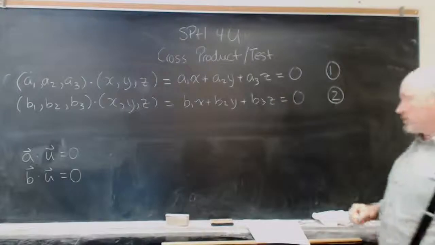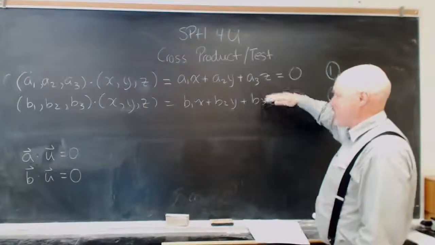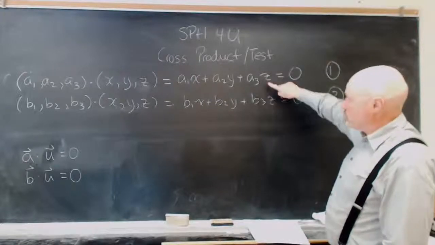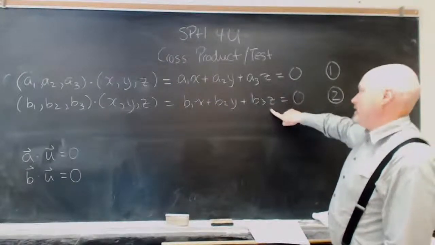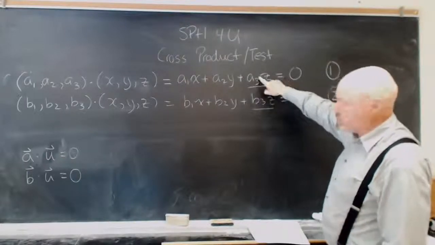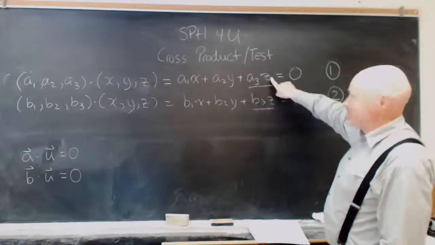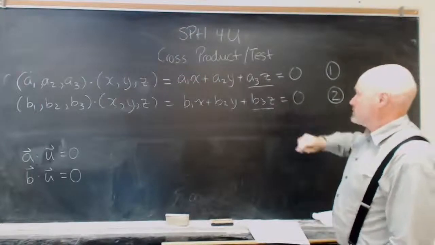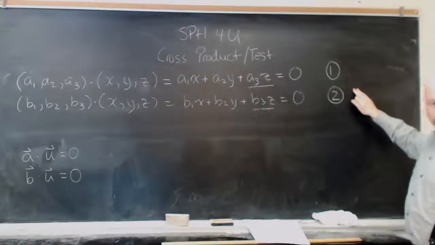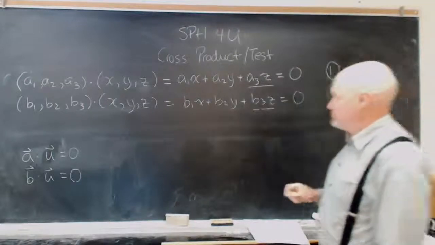Now, what we're going to do is try and use these two equations. We're going to do an elimination on the variable z. To do elimination, we have to have the same coefficient in front of the z in both cases. So I'm going to have to multiply equation 1 by something, and I'm going to have to multiply equation 2 by something.